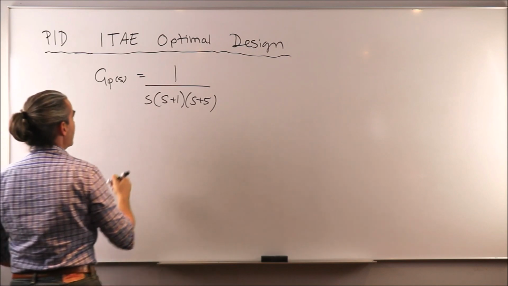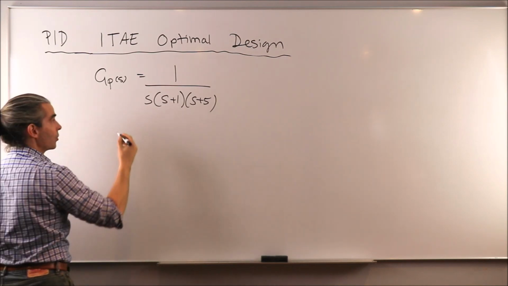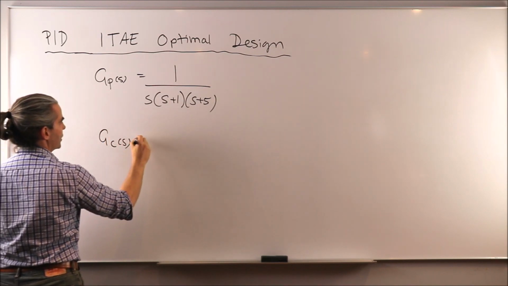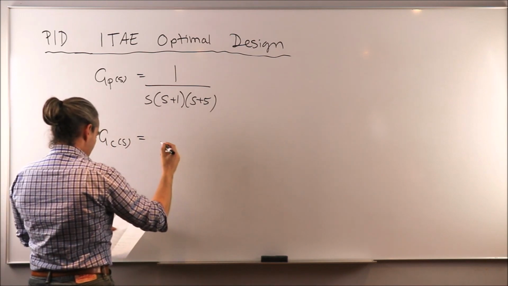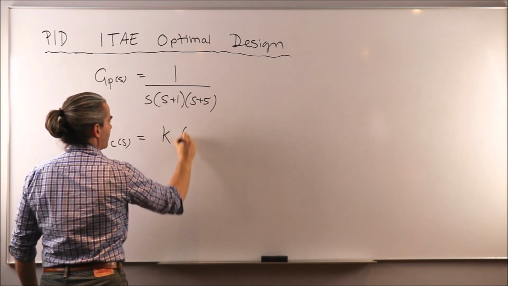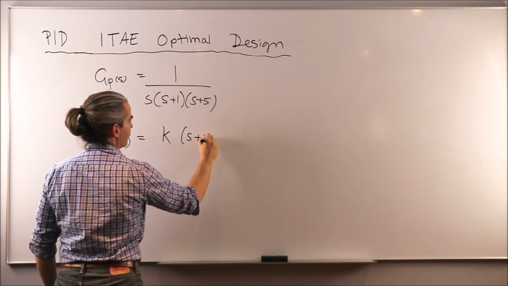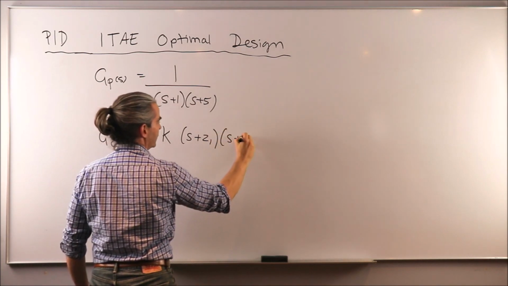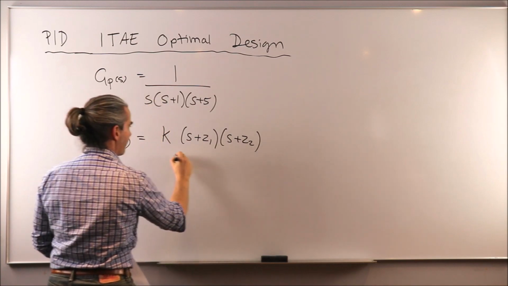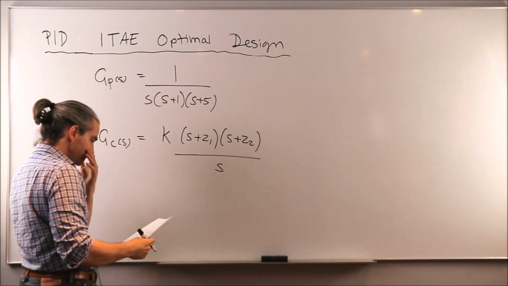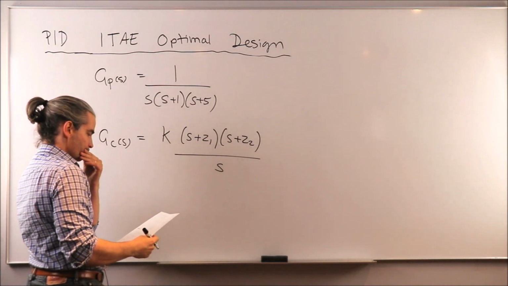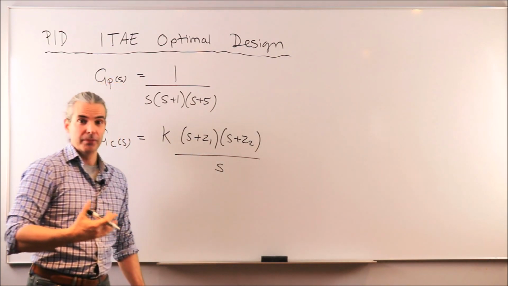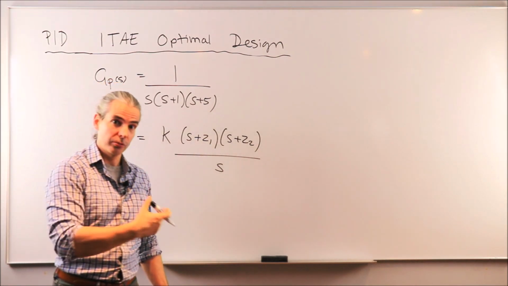Now, for this design methodology to work, we have to write our PID control transfer function as being equal to our gain k multiplied by the position of both zeros, denoted as z1 and z2, respectively, which are unknown, over our pole at the origin. So as I said, the first step is to obtain the characteristic equation of the closed loop transfer function.